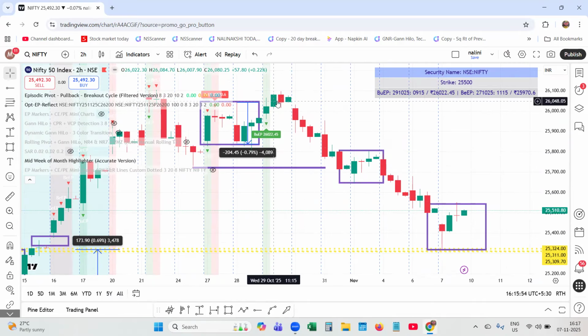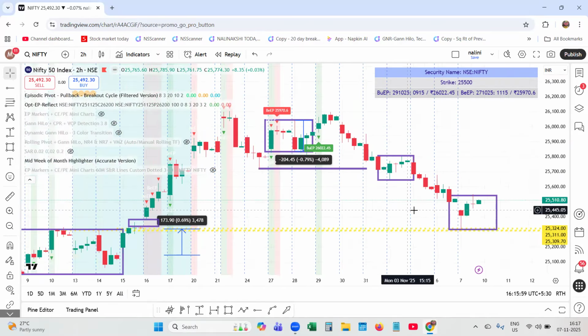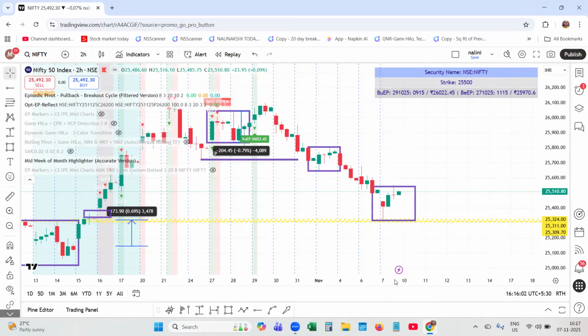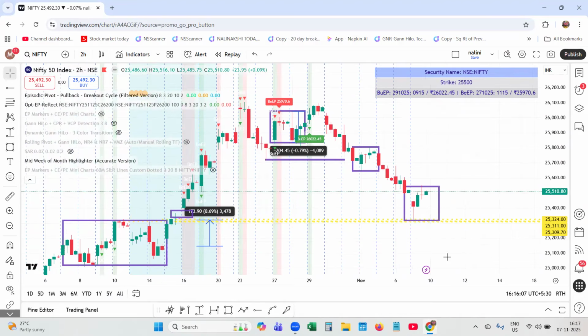That is the intention of the big player. Now, if the market has to take support from this area, today it was a Friday, and this was a trade actually to show that. And from Monday, this month's midweek is going to start, and the price can come down and sweep this buyer's liquidity around this area.